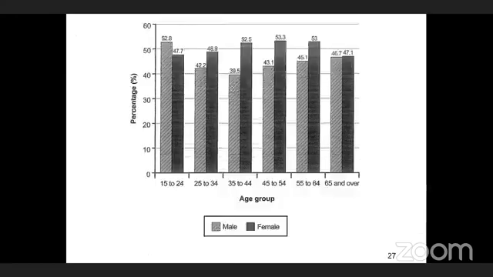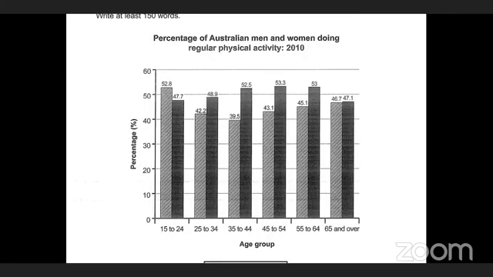The group aged 25 to 34, the males did only 45%, 42%. The group of people 34 to 40, they did only 39% physical activity. We have to make a plan and make a paraphrase.